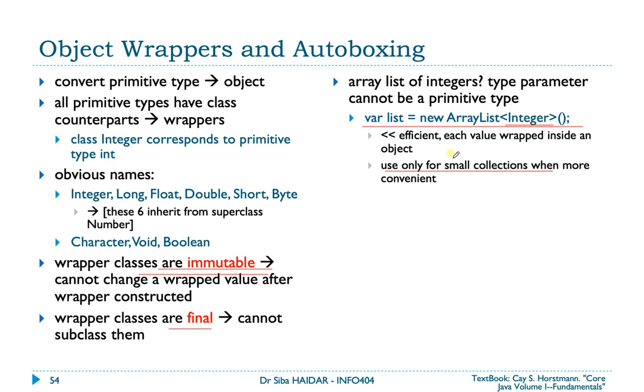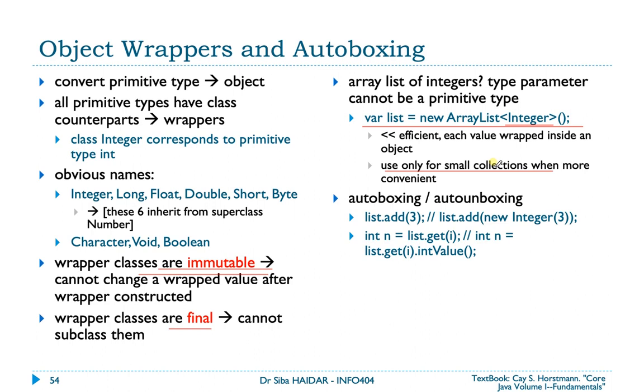For small collections, where convenience for you is more important than efficiency, because this is of course less efficient. So anyway, let us take this example in which we have our list and we want to add the value 3.